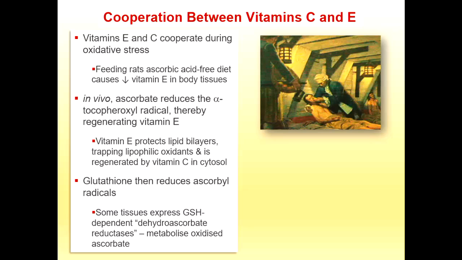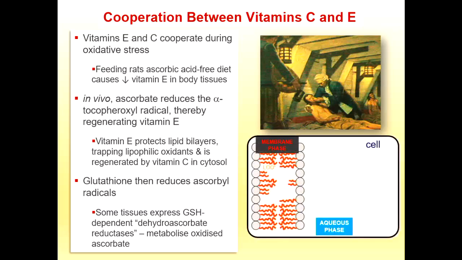One of the things people found was you get a vitamin E deficiency at the same time, so alpha tocopherol levels fall at the same time as restricting ascorbate intake. So what's going on here is the discovery of the important cooperative role between these 2 small molecule antioxidants in protecting biological systems against oxidative stress.